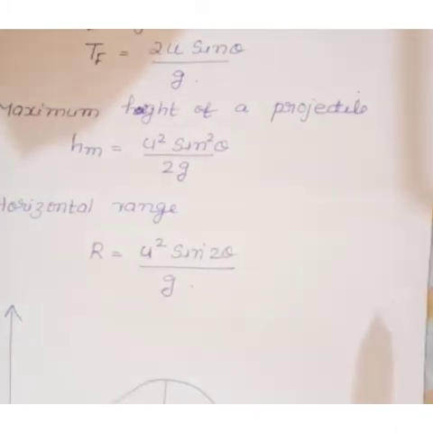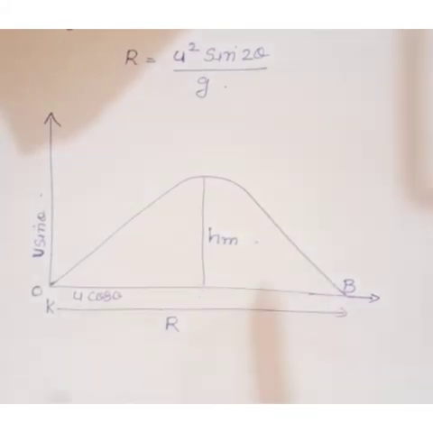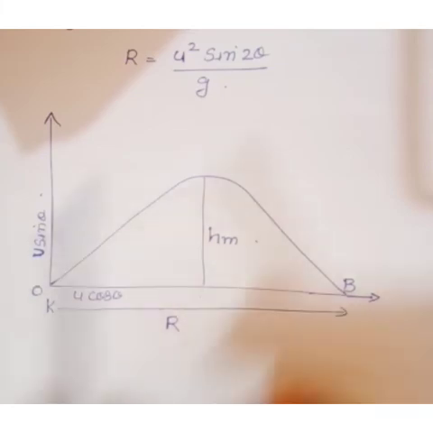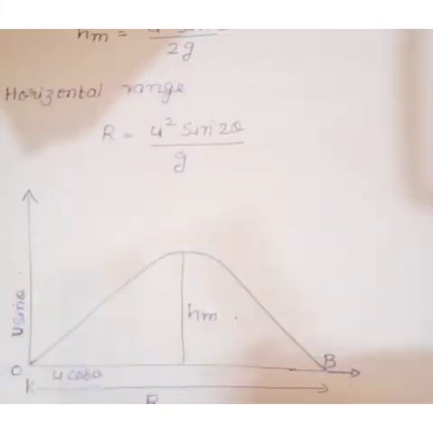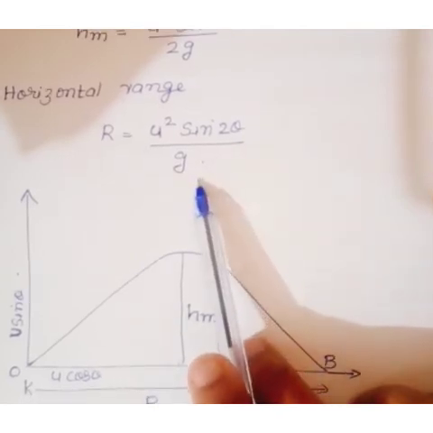Then one more equation is horizontal range. What is horizontal range? It's the horizontal distance traveled by the projectile during its time of flight. Its equation is R is equal to u square sin 2 theta divided by g.